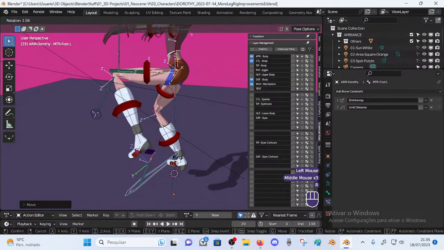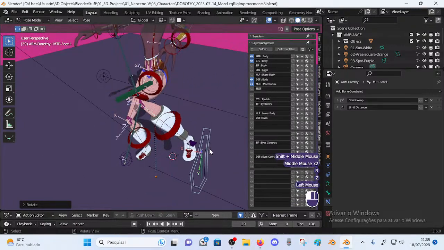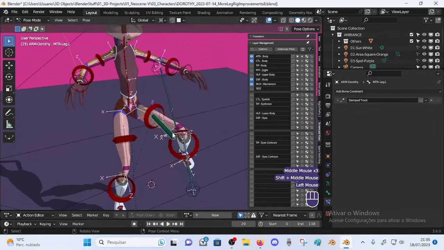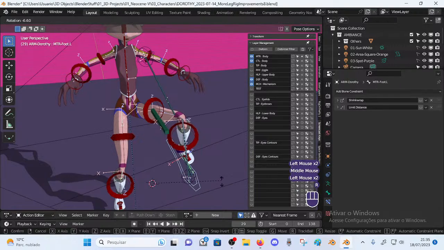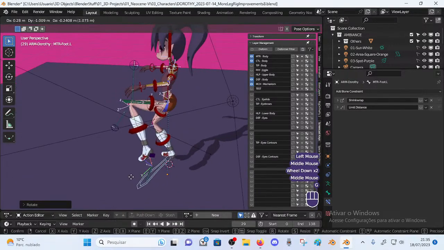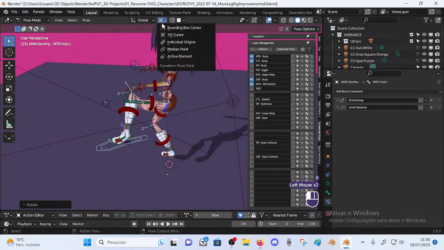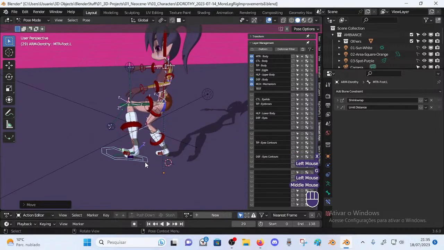I didn't invent it, and I found it a really ingenious solution that I'm surprised there's not more discussion about, or it's not very popular, because it actually solves in a great deal what is considered to be FK IK switching.